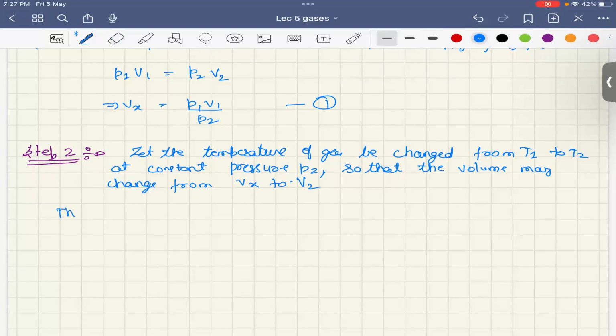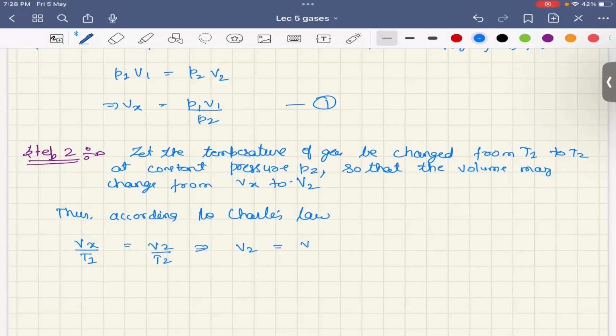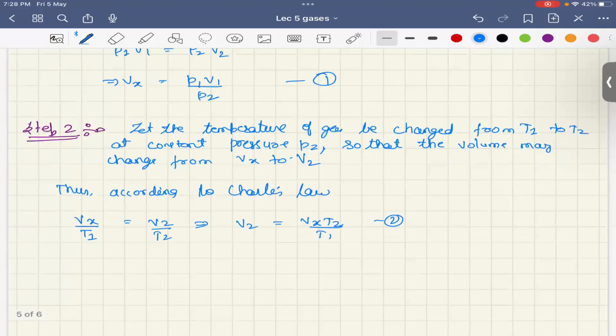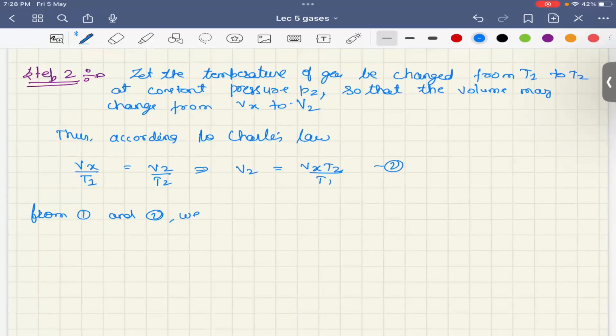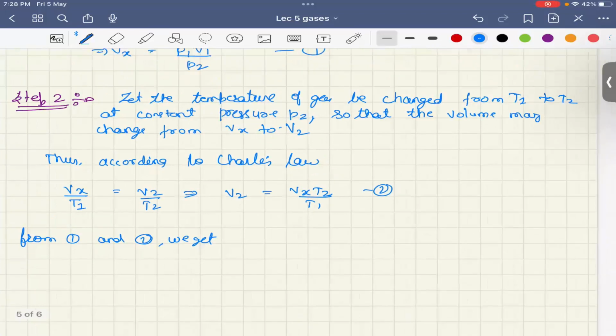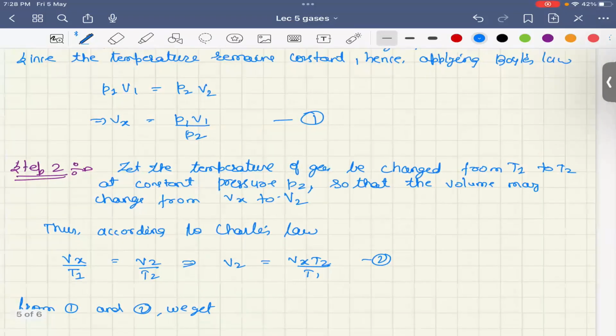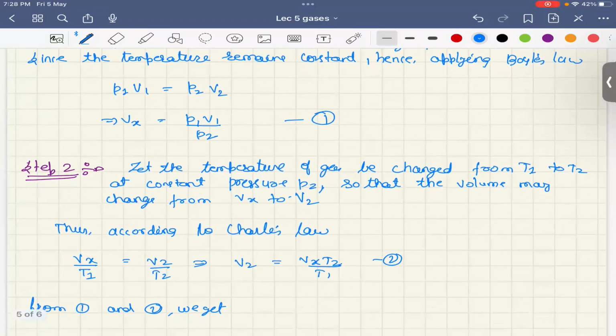Thus, according to Charles' law, Vx by T1 is equal to V2 by T2, which implies V2 is equal to Vx T2 by T1. From 1 and 2, we are just substituting the value of Vx from equation 1 into this.